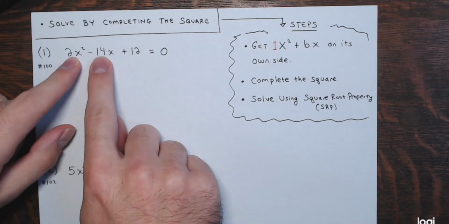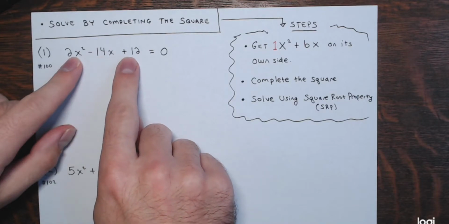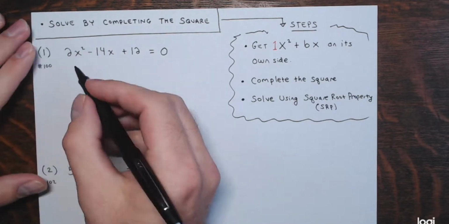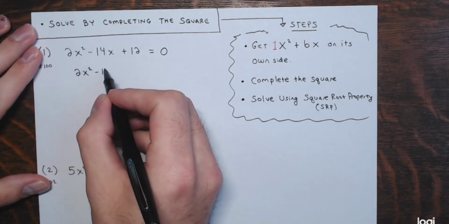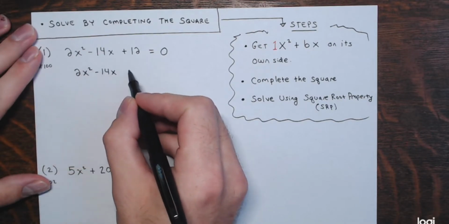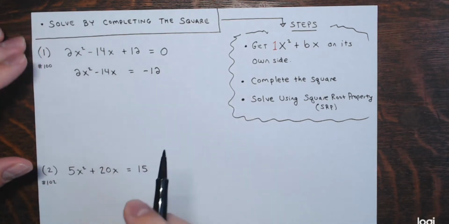I want to get those two terms on their own side. So the first thing I'm going to do is subtract the 12. So we have 2x squared minus 14x equals negative 12, right? 0 minus 12.